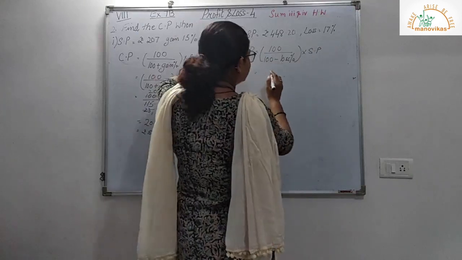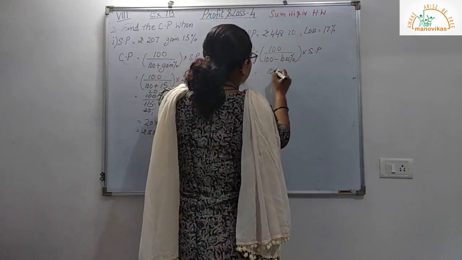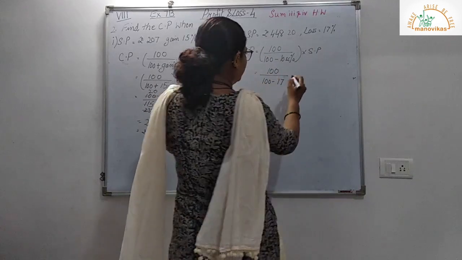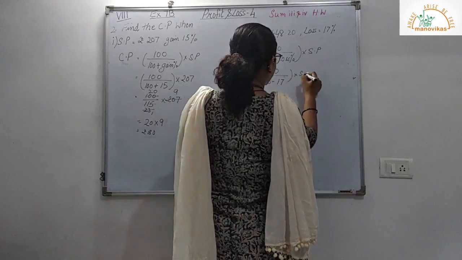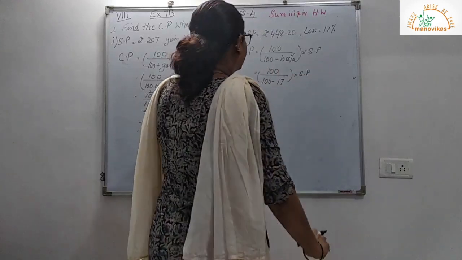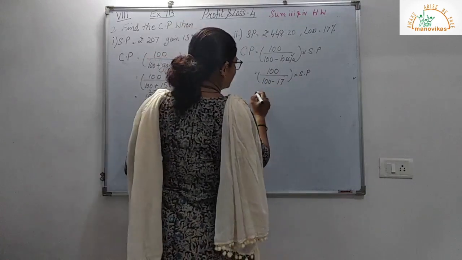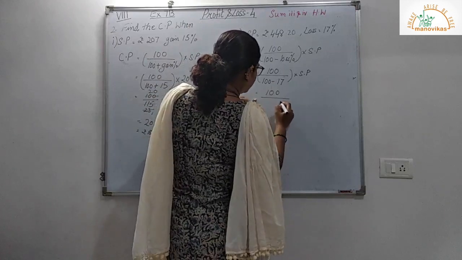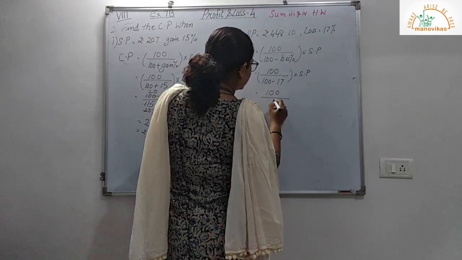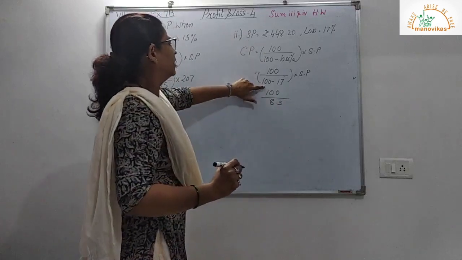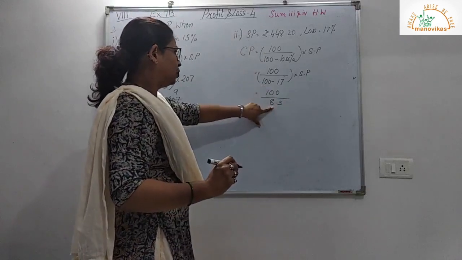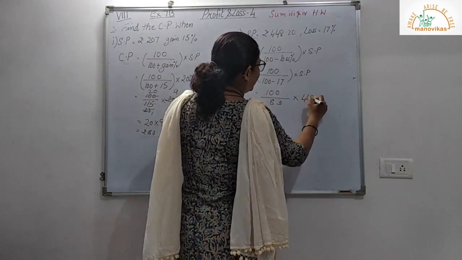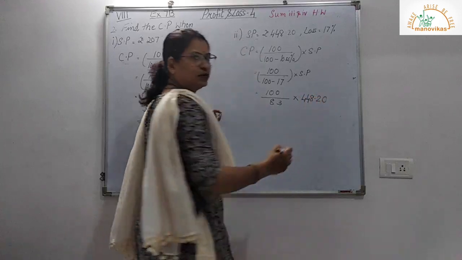So here we get it as 100. Now 100 minus 17 into the selling price. So here we get it as 100 divided by 83 into selling price, that is 448.20.